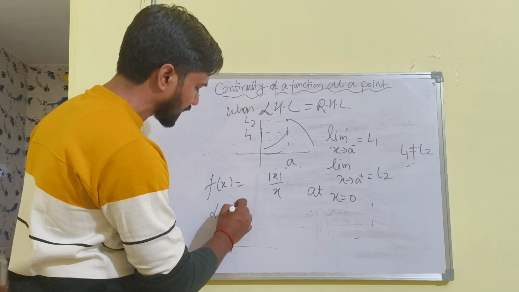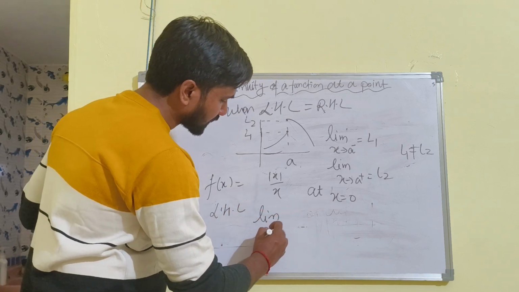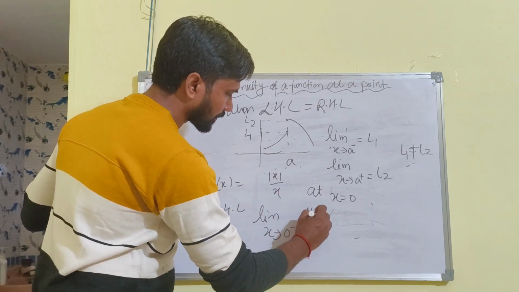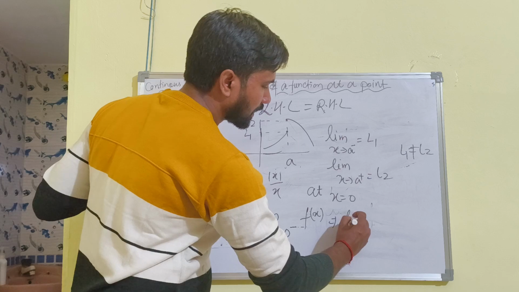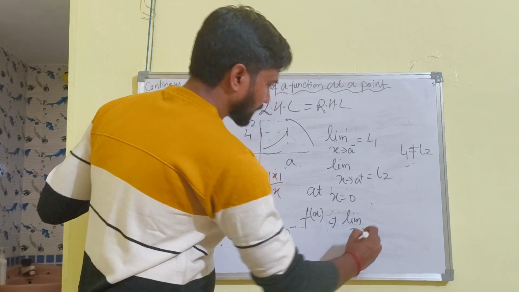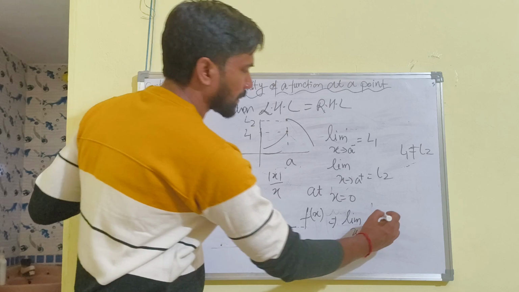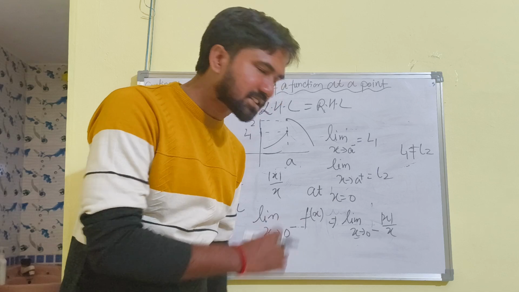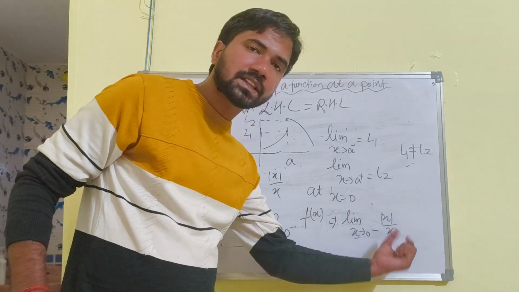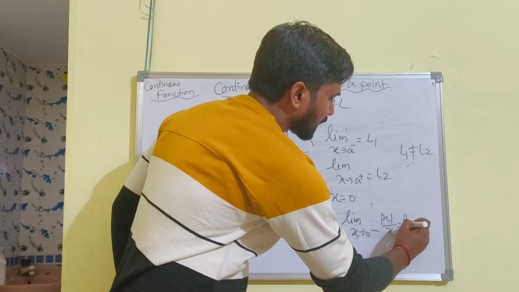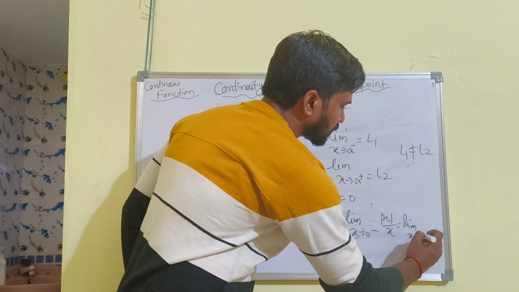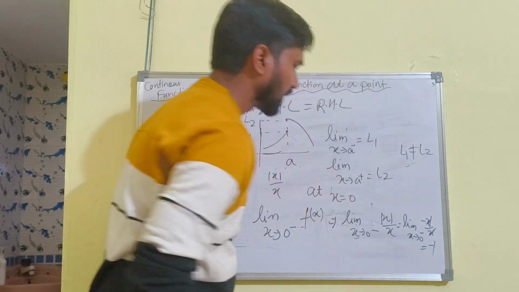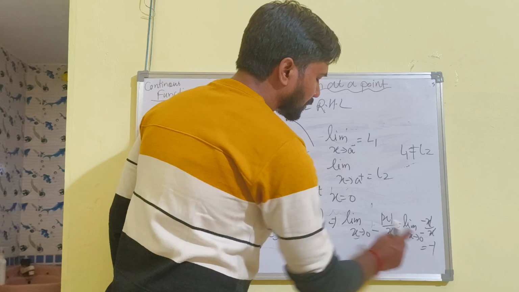So let's first calculate the left hand limit: the limit as x tends to 0 minus of f(x), which is mod x upon x. We know that if x is less than 0, mod x opens with a negative sign. So it will be the limit as x tends to 0 minus of minus x upon x. This cancels, and we get minus 1. So our left hand limit is minus 1.